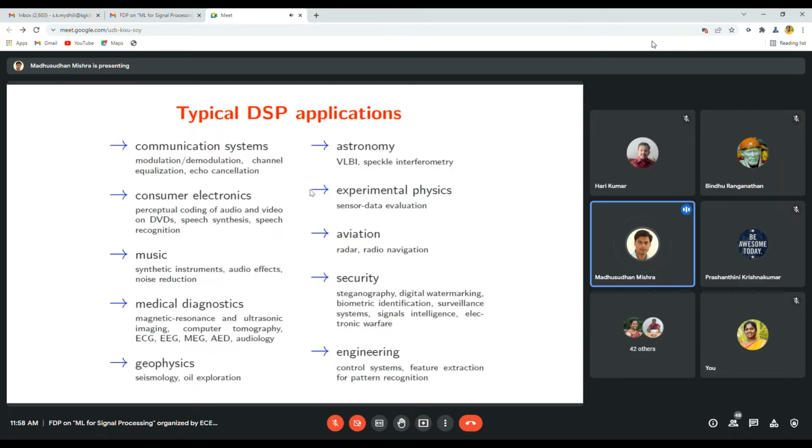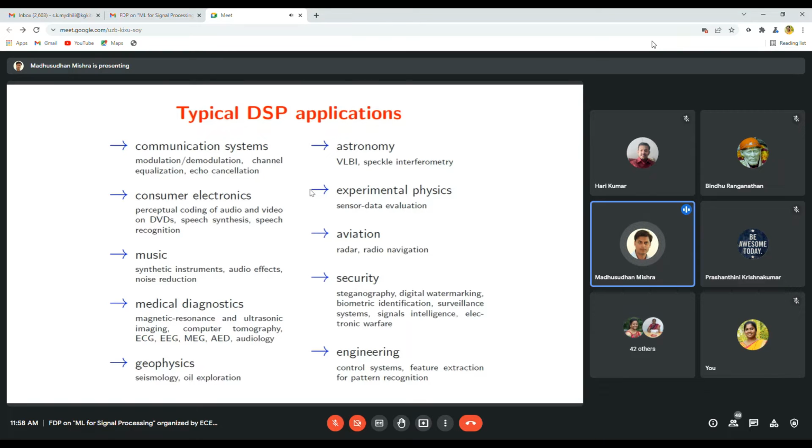So we find lots of applications, but one most important application which drives signal processing towards machine learning is in engineering, where there is the work of feature extraction for pattern recognition.